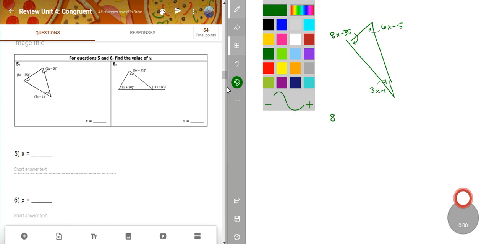So we know that they're going to add up to 180. 8x minus 35 plus 6x minus 5 plus 3x minus 1 equals 180. 8 and 6 is 14, plus another 3 is 17x. Negative 35 minus 5 more is negative 40, minus 1 is negative 41.